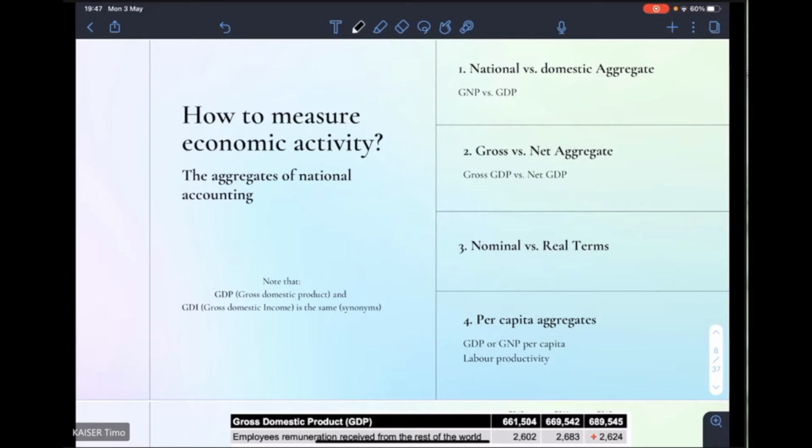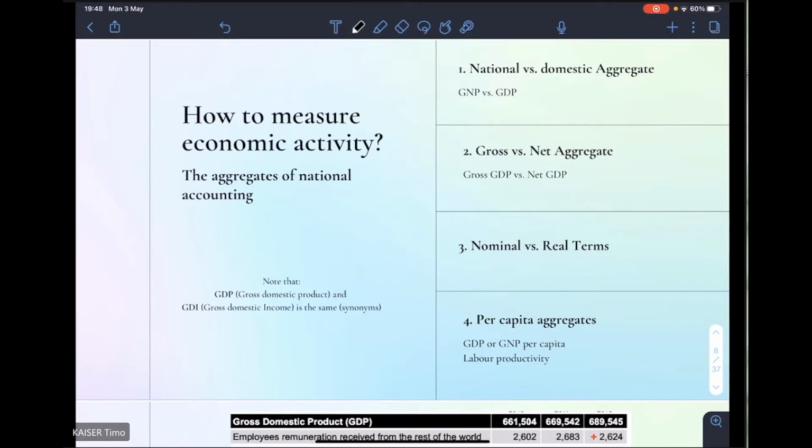Okay, let's move on to actually how to measure economic activity. And this means how to interpret or find GDP in different ways and do all of these calculations. And for this, we have actually 4 small subchapters of different aggregates of national accounting.